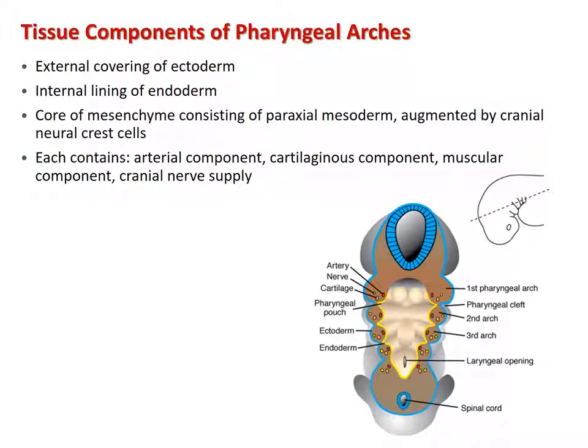Each arch contains an artery that arises from the truncus arteriosus of the early heart and connects to the dorsal aorta. Cartilage that forms the skeleton of that arch. Mesoderm that differentiates into skeletal voluntary muscle of the head and neck, and a cranial nerve that supplies sensory and motor innervation to the mucosa and muscles derived from an arch.